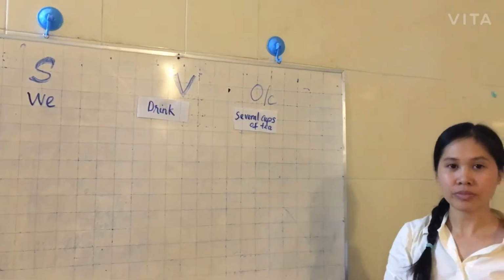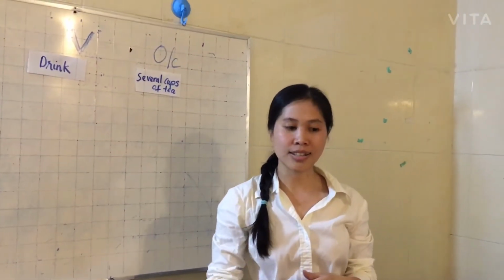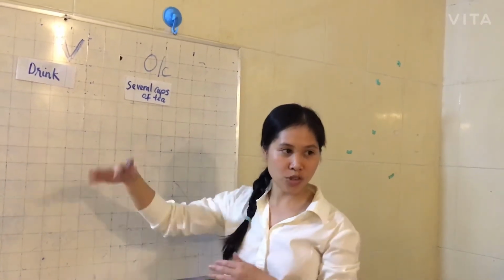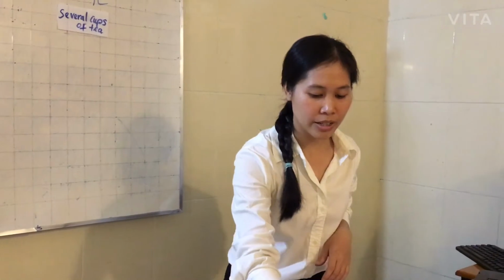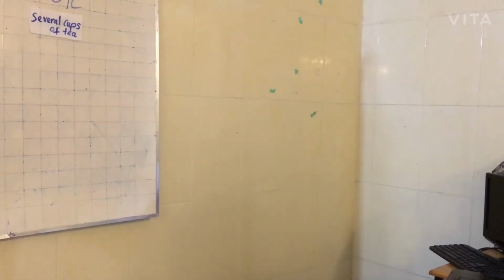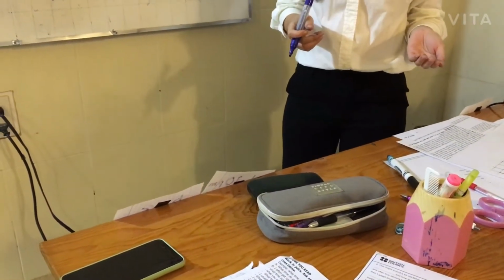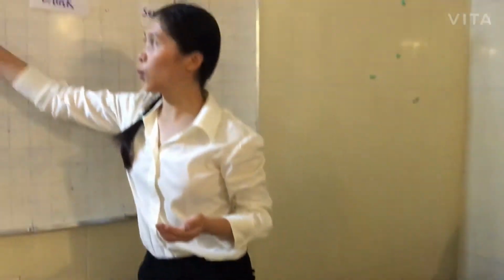Good. And now let's find me a sentence in the reading with the same structure. Okay, Tim, can you give me the structure? So the subject. The subject is we, and verb.